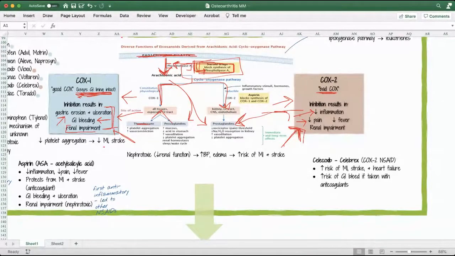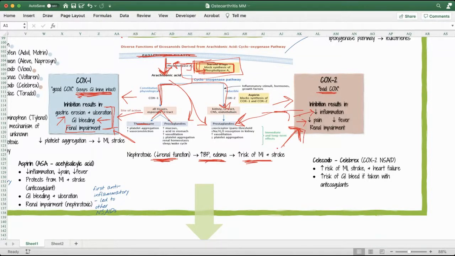And the other thing is, so we're decreasing renal function, right? I think in a few weeks we're going to go over kidney function, so you'll understand this a little bit better, but it's going to increase your blood pressure and your edema, and then you're increasing your risk of MI and stroke.